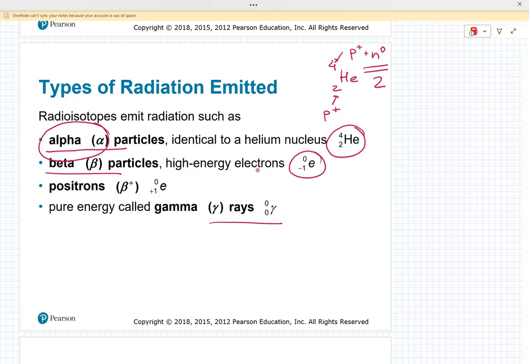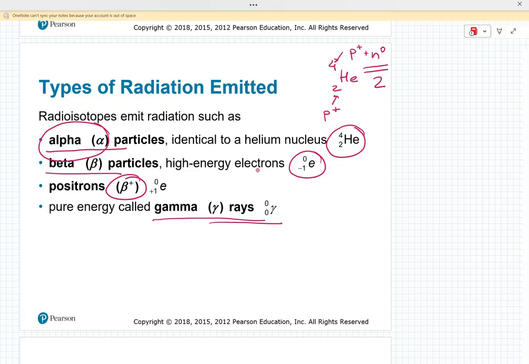Beta particles. Usually it's electrons, but in some types of reactions, they can be positrons. A positron is a particle which by mass is indistinguishable from the electron, but the charge is opposite, +1. Okay? And then we have gamma rays, which is electromagnetic radiation.